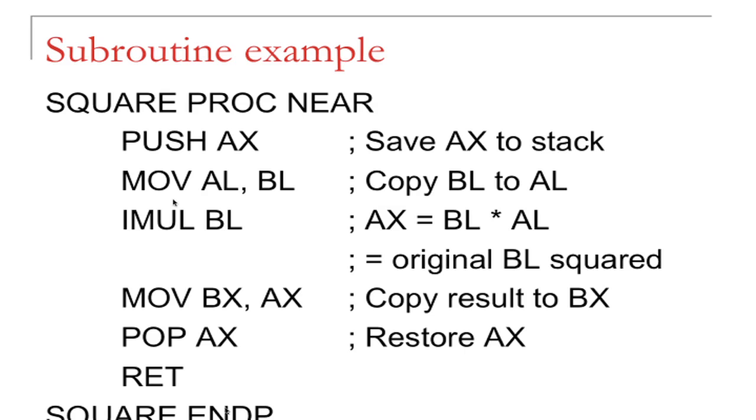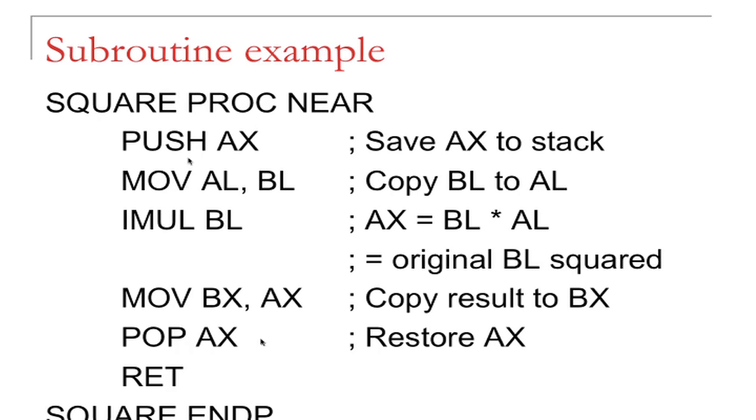Let's look at the example. We have a subroutine called square, and we define it as an intra-segment subroutine, proc near. And you can see at the end of the subroutine I use the same subroutine name, and NP.